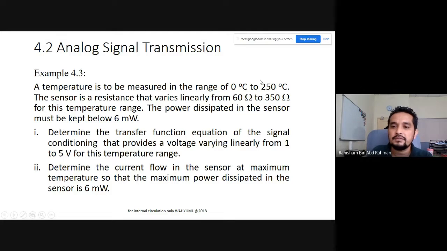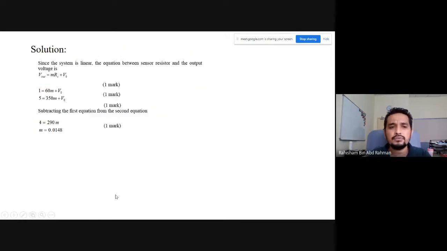At 250, the value of the resistance is actually 350. So we try to figure out what the question wants from us, so that the maximum power dissipated in the sensor is less than 6 milliwatt. So we've got the values.